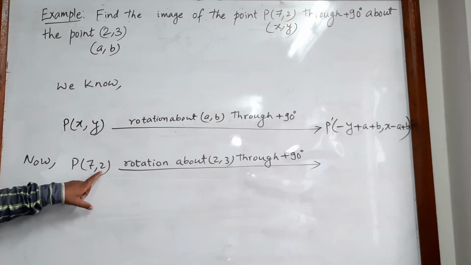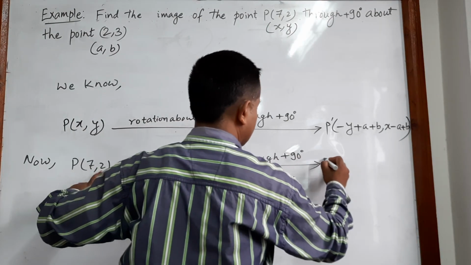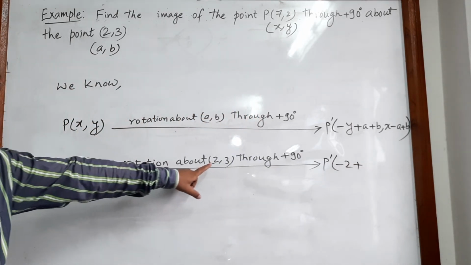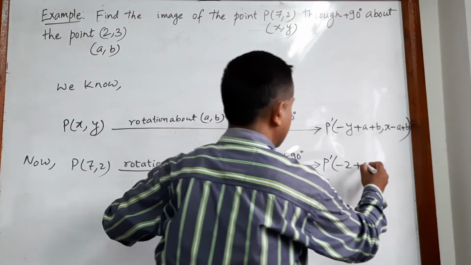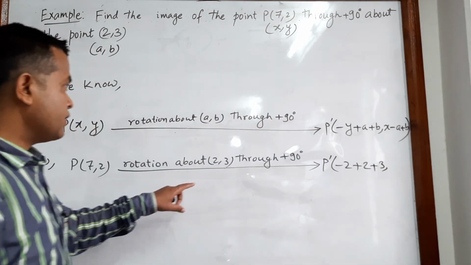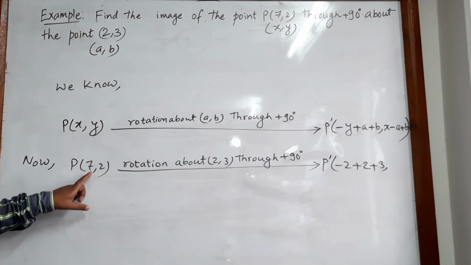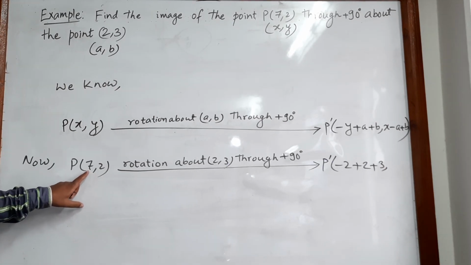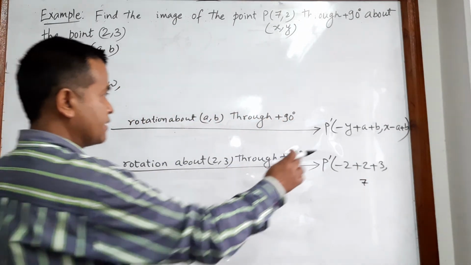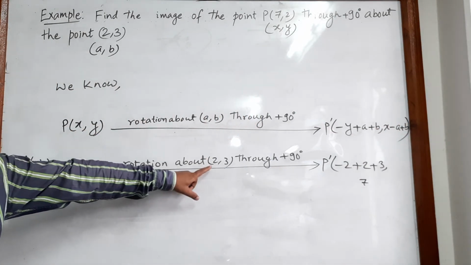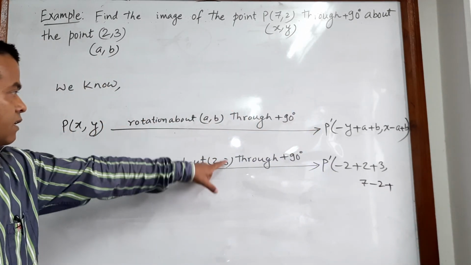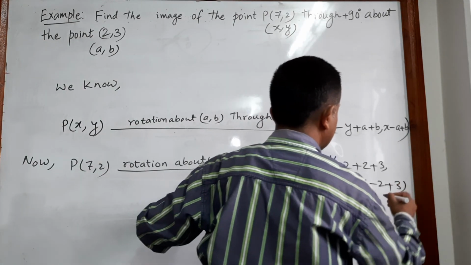So minus y means minus 2, plus a value is 2 here, plus b is 3, and next, x value is 7 minus a which is 2 plus b value is 3.